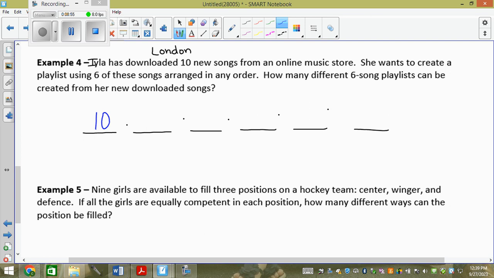Okay, 10 then? 9. If you say 10, then 10, then 10, then 10, you are literally listening to the same song over and over. That's awful. That's not a playlist. So 10, then 9, 8, 7, 6, 5. We can all count down. We're winning. Okay, type it into your calculator.